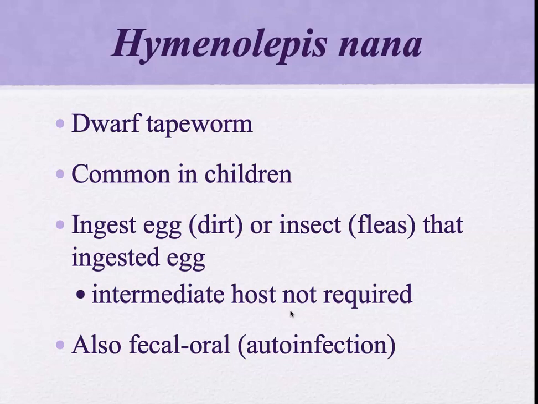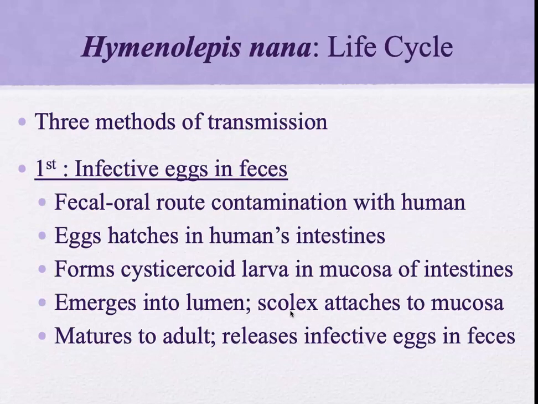There can be an intermediate host, but it's not required. And another reason why it's common in children, or it easily gets out of control, is that there's an auto-infection branch of the life cycle that can occur as well. So we'll go through these three methods of transmission for Hymenolepis nana.